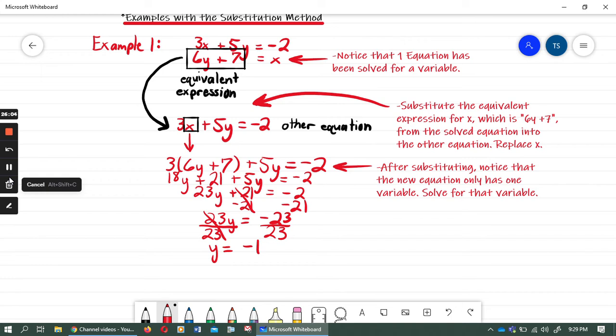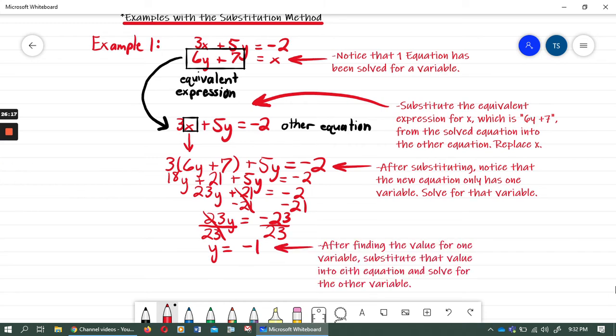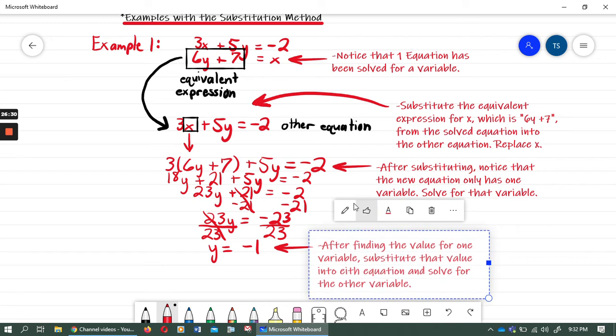In other words, we substitute again. Substitute the -1 in the place of y, and then solve for x. So after we found that value for one of the variables, we substitute that value into either equation, and we'll solve for the other variable.